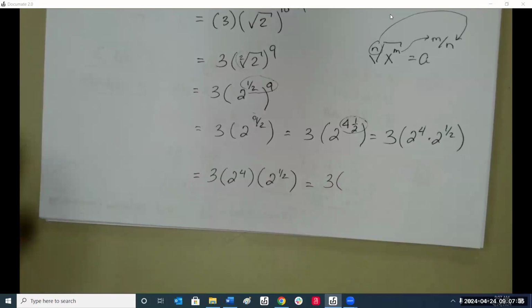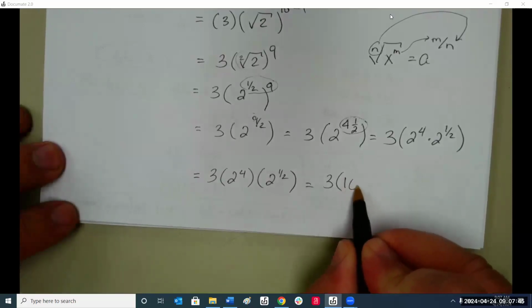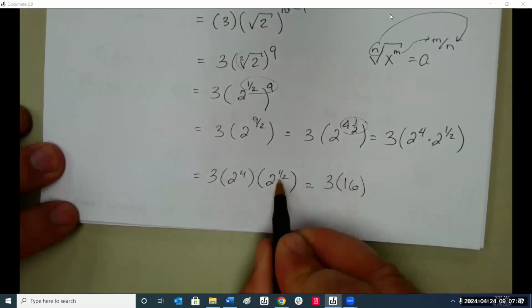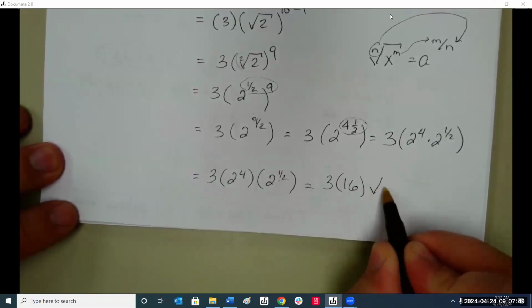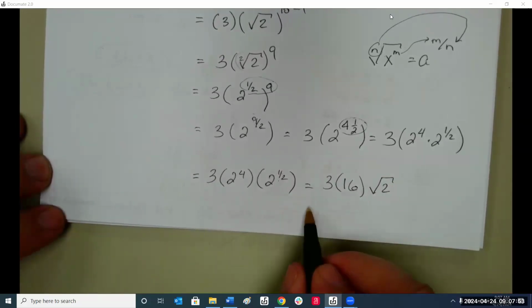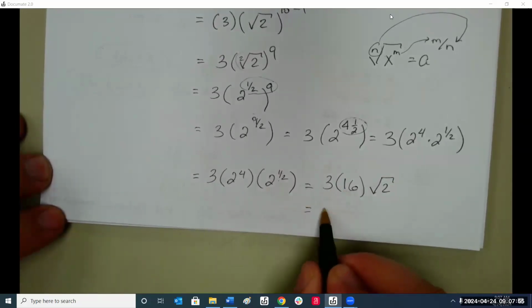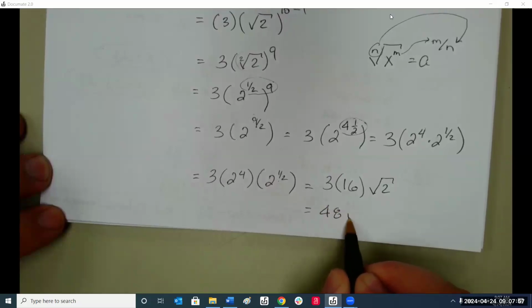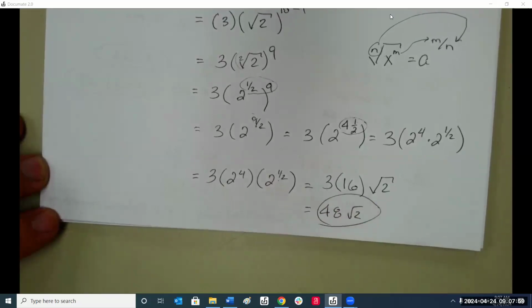What is 2 to the 4th? 2 times 2 is 4, times 2 is 8, times 2 is 16. And 2 to the 1/2 power is the same thing as the square root of 2. 3 times 16 is 48, square root of 2, and there you have it.